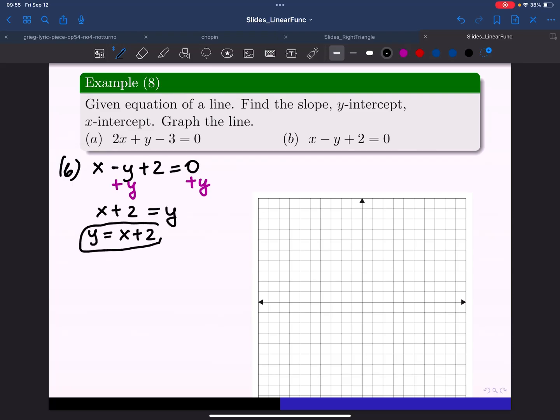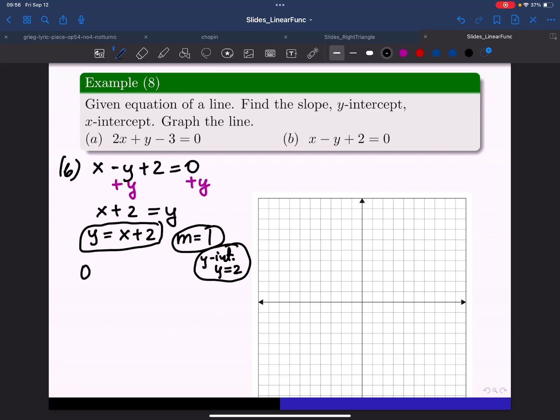That's exactly the same. So the slope is the number standing by x. So in that case, it's 1. The y-intercept is the number standing by itself. So it is 2. Only we need to find the x-intercept, so we will set y equal to 0.